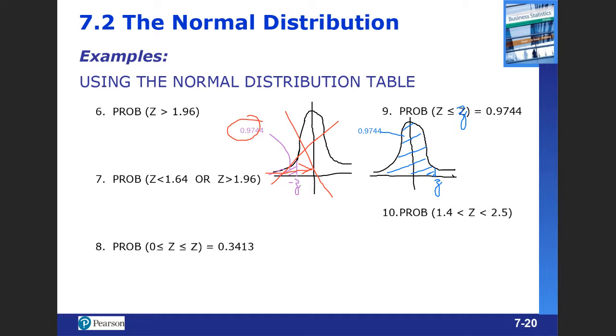Okay. So now all I have to do is look up in the table for 0.9744, in the middle of the table, because I'm given the probability. The corresponding z value should be 1.95. Any questions before I show you that?